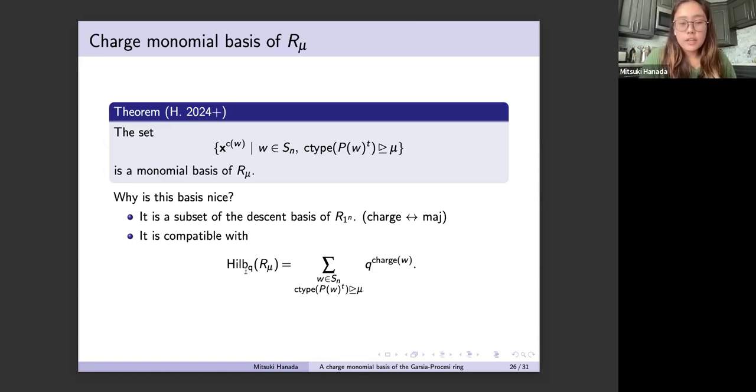And another thing to note is it definitely will match the degree because the degree of this charge monomial is just literally the charge of the permutation, because the exponent is given by the charge word. And remember, the sum of the entries in the charge word will give us charge. So from this construction, it's sort of immediate that this Hilbert series is correct and vice versa. From this Hilbert series, it's immediate that this gives us the correct number of terms in each degree.